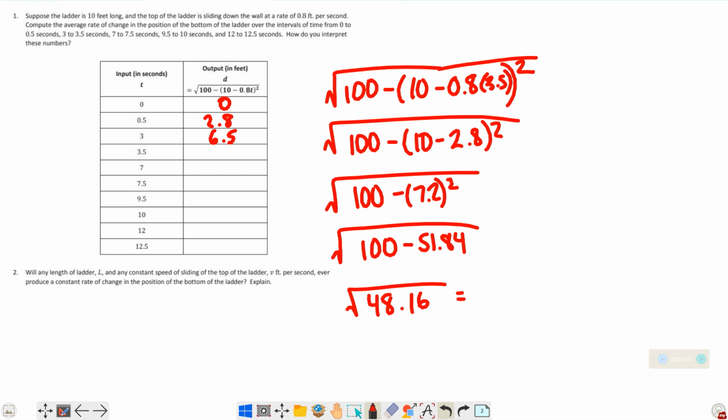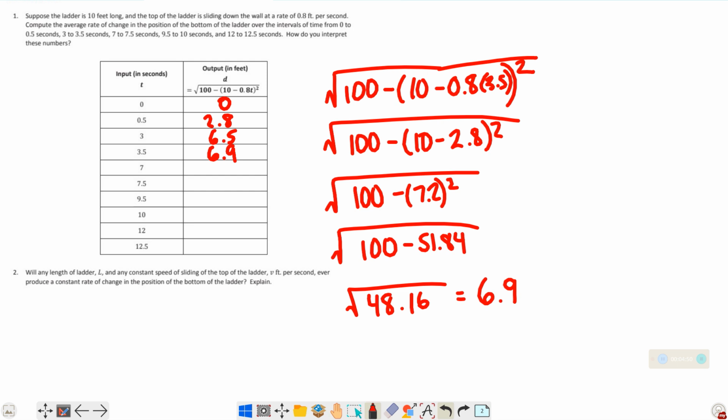And the square root of 48.16 gives us 6.9. You're going to continue this process all the way down the table.